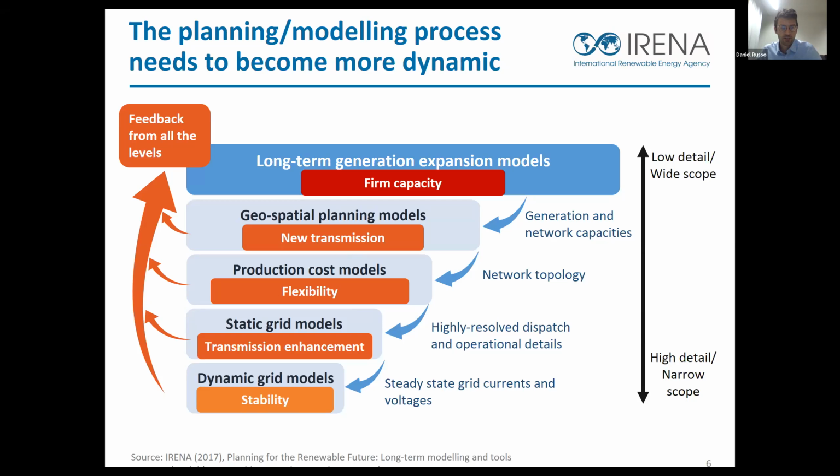Is the location of these different resources something that requires new transmission in geospatial planning? Or, as Jenny mentioned, new sources of flexibility in the level of hours and production cost modeling. And then when you get to high levels of penetration, there are issues with potentially enhancing your transmission network or introducing some stability measures for balancing at small scales.